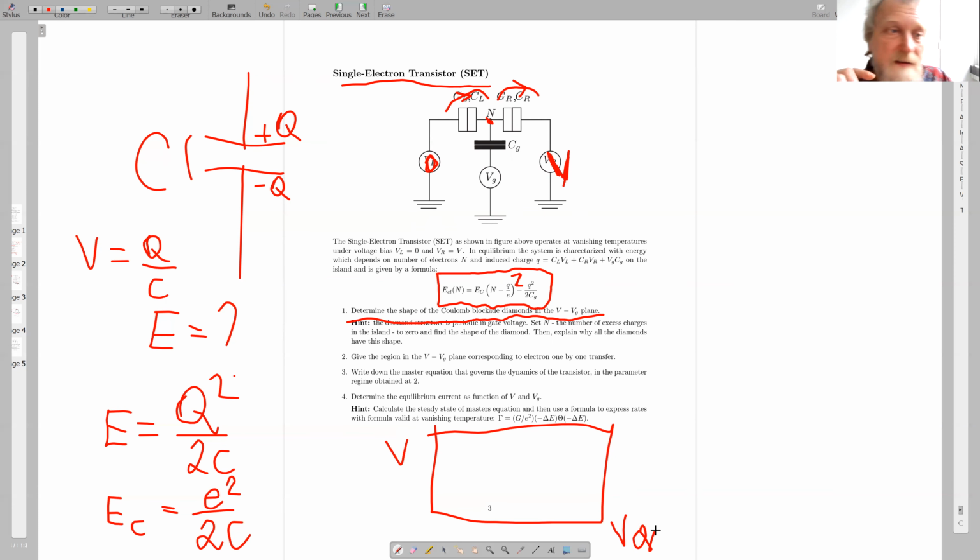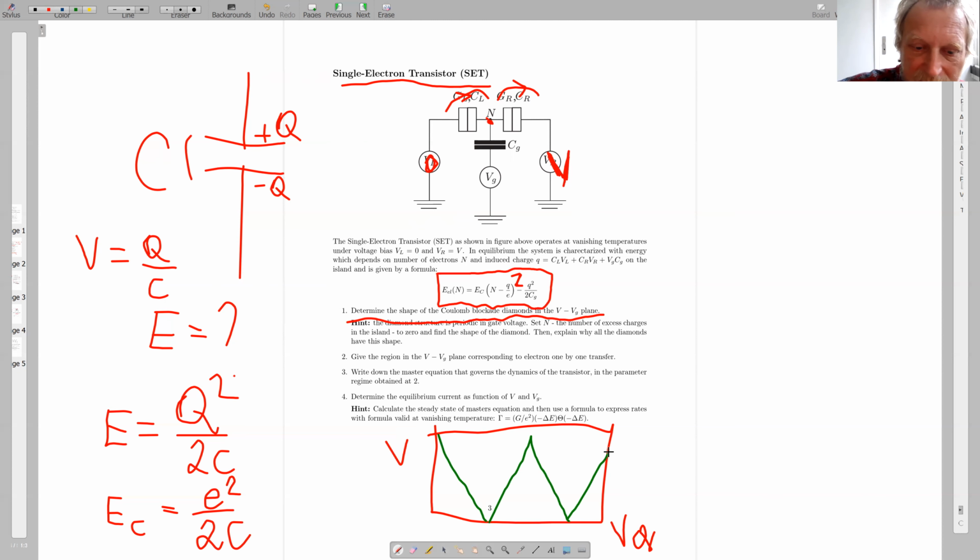So, as we did in the lecture, there is a periodic set of diamonds where single electron processes are forbidden by energy consideration.